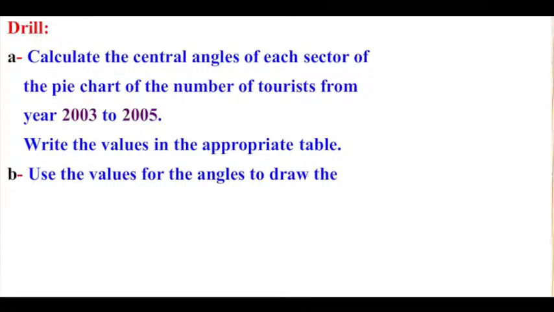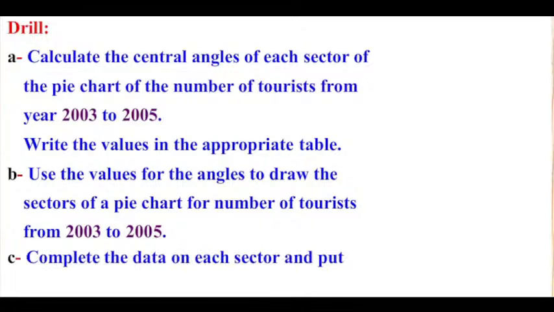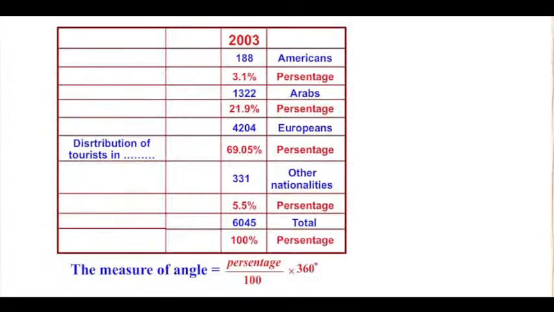B. Use the values for the angles to draw the sectors of a pie chart for number of tourists from 2003 to 2005. C. Complete the data on each sector and put a suitable title to the drawing.